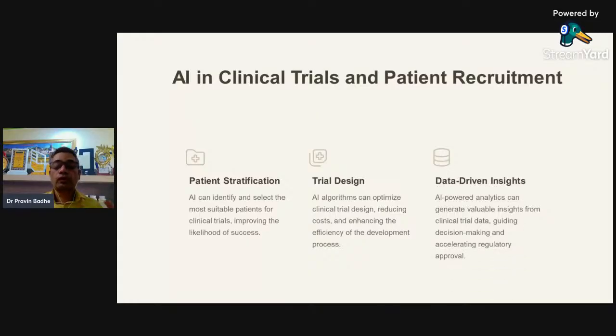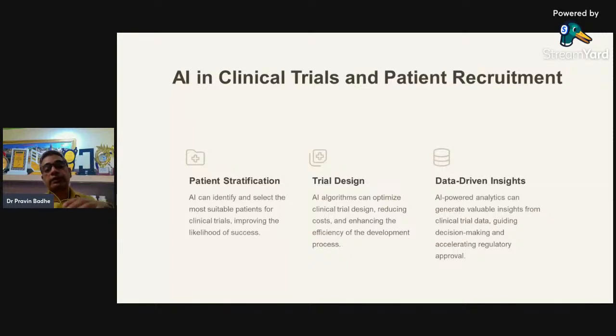And then what is going to happen, as I told you, is that once you connect decentralized, observational and AI, you are going to get a lot of data which needs to be analyzed using AI powered tools, which is going to give you different valuable insights, like patterns and different outcomes, which can be pointed out by the AI powered analytics, which will be utilized for decision making, and also for the regulatory approach.